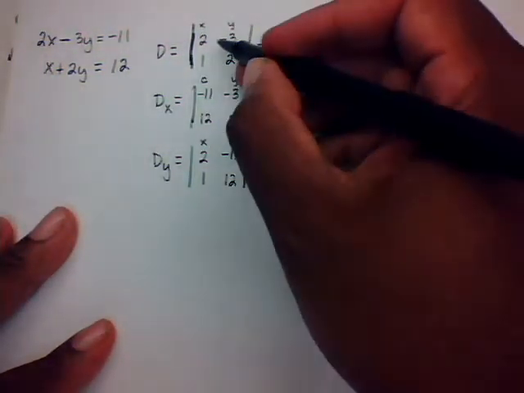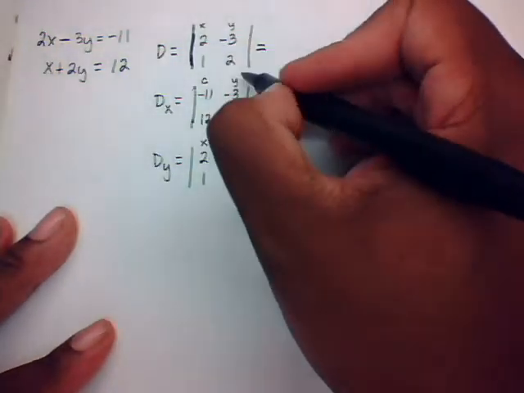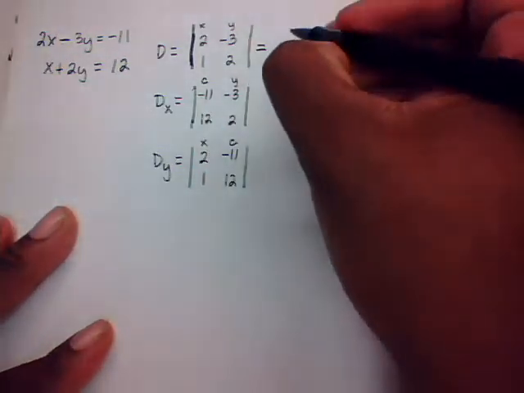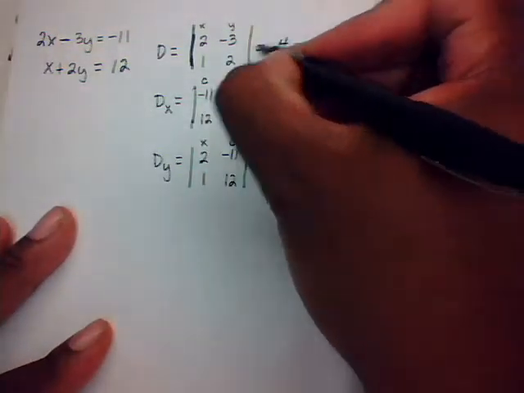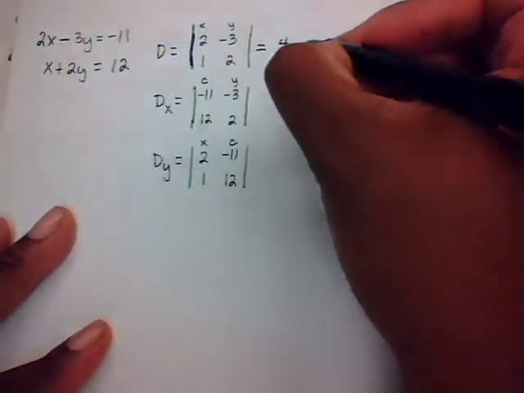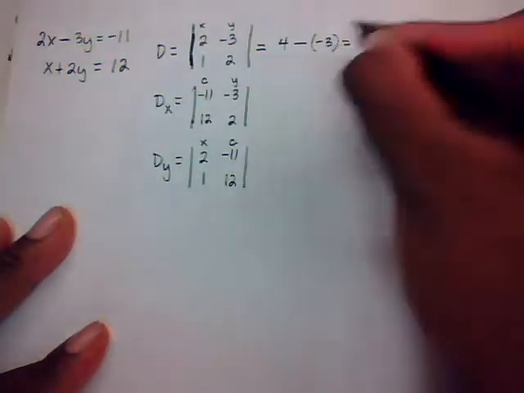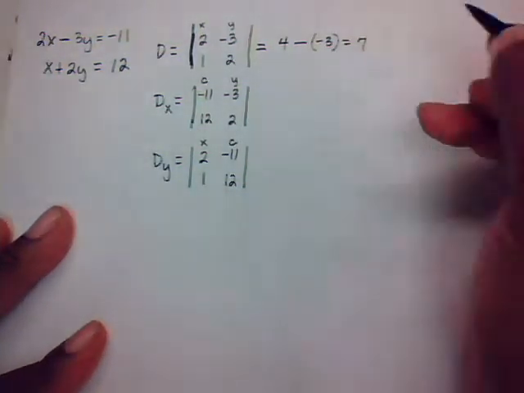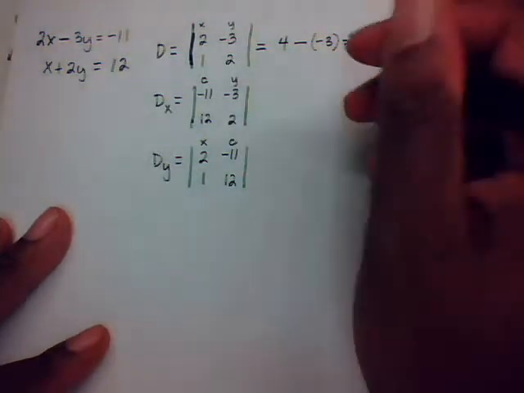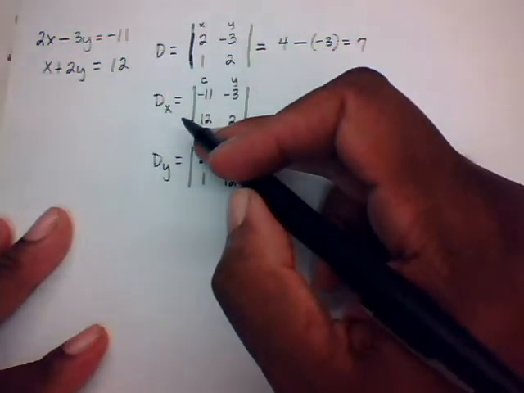Of course, we do 2 times 2, the upper left to the lower right, the product of that, 2 times 2, that's 4, minus the product of this diagonal, 1 times negative 3, which is negative 3. So now you got 4 minus negative 3, which will be 7. So that's the determinant for D. Now the determinant for D sub x is this.